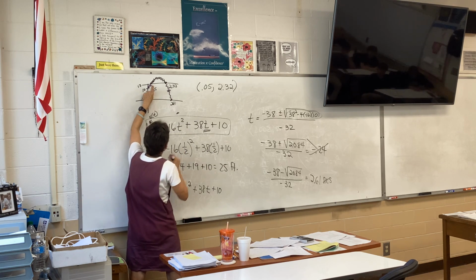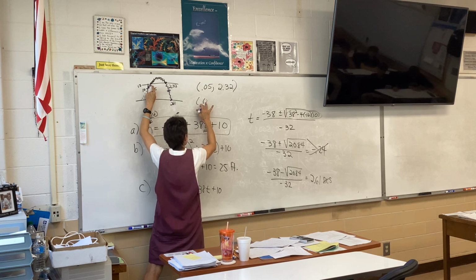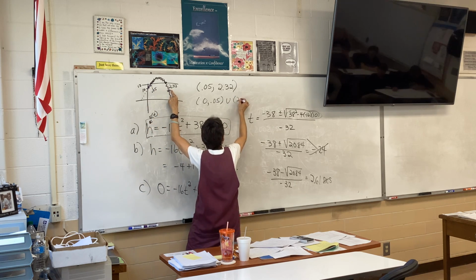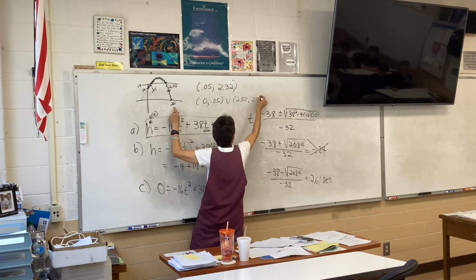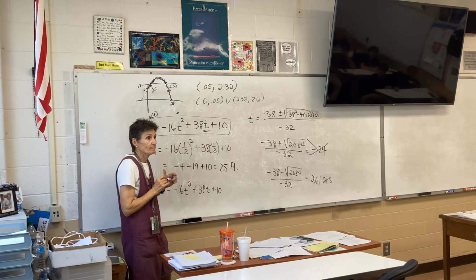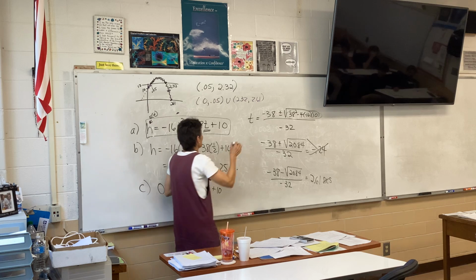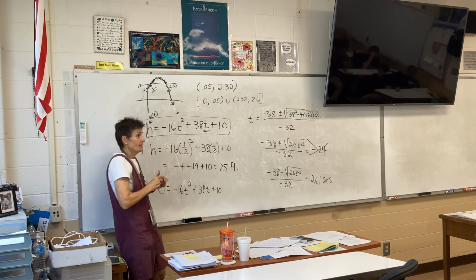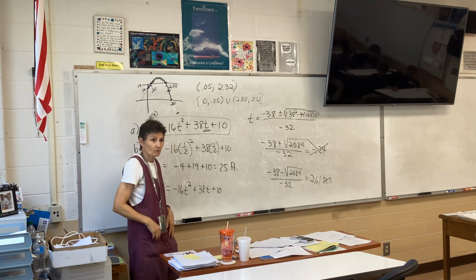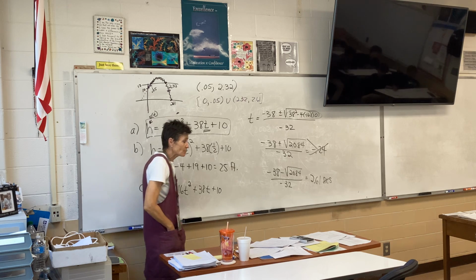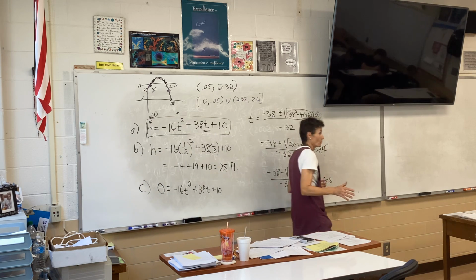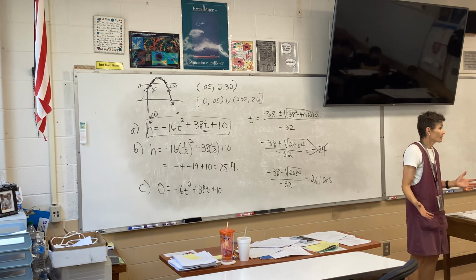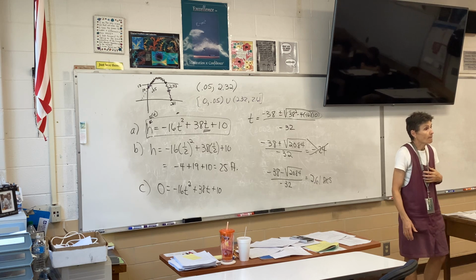So 0 to 0.05, or 2.32 to when it hits the ground, which is 2.61. That's actually, this would be a bracket, and this would be a bracket. That's when the ball is less than 12 feet above the ground. So Charlie, to answer your question, when the ball hits the ground, the problem's over. So the last number in that interval has got to be when the ball is on the ground. Right? Yeah. Okay.